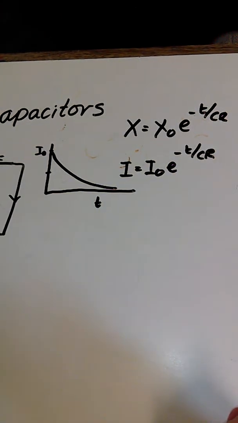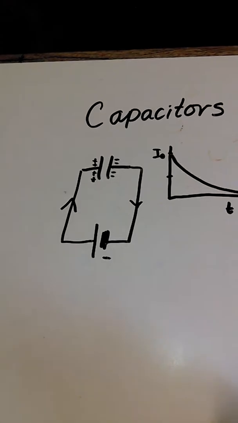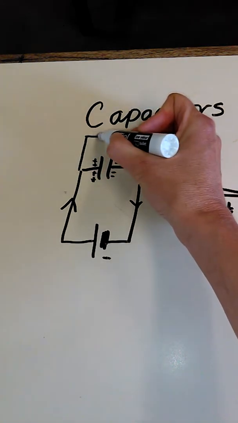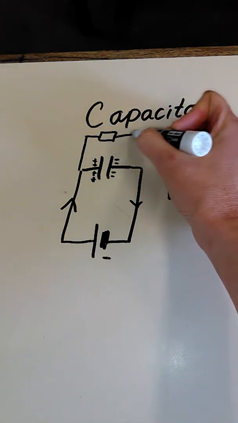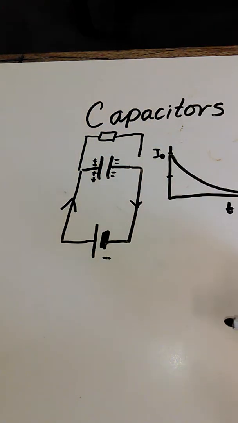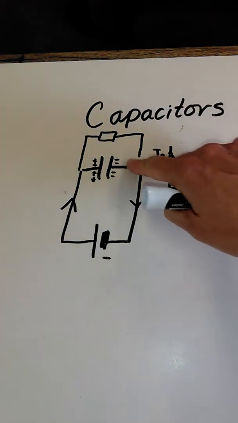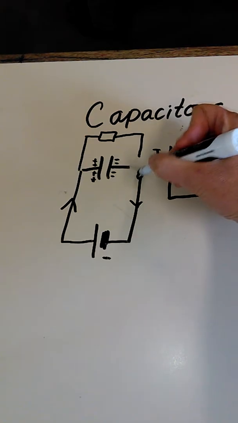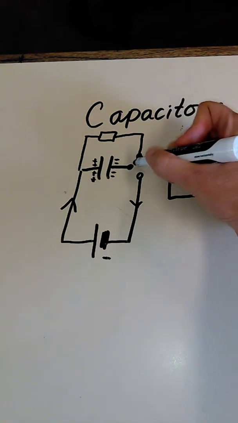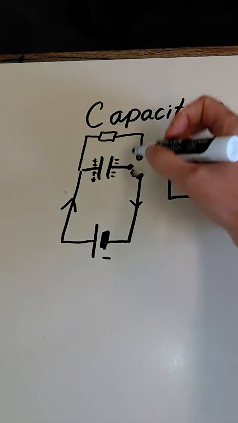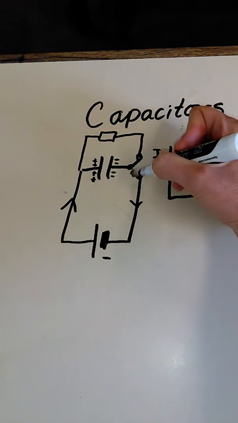Now, the next bit that you need to be able to do is think about if we discharge that capacitor. So if we've charged it up, we could have a separate circuit at the top here where we discharge it through a resistor. And usually the way they look at doing that is you have a switch that can be connected that way to charge it and then flipped round to that way to discharge it.